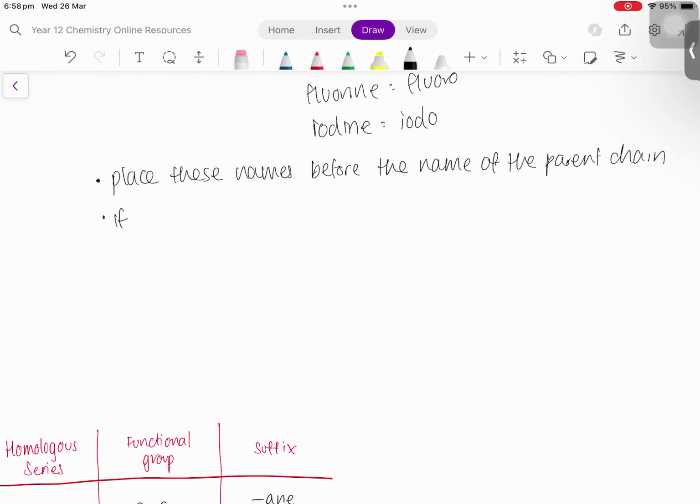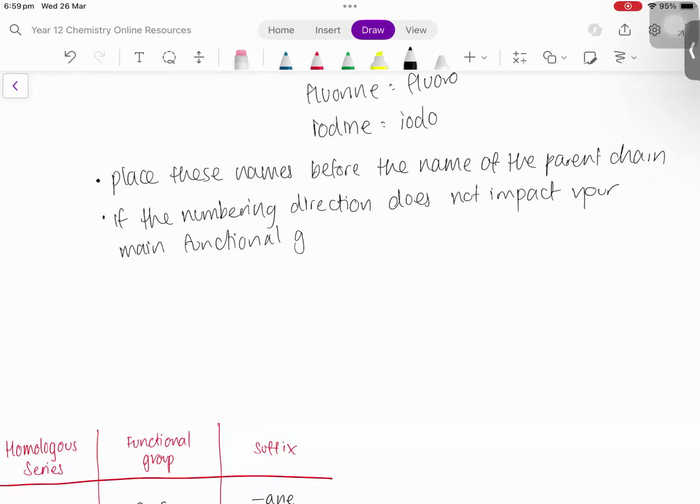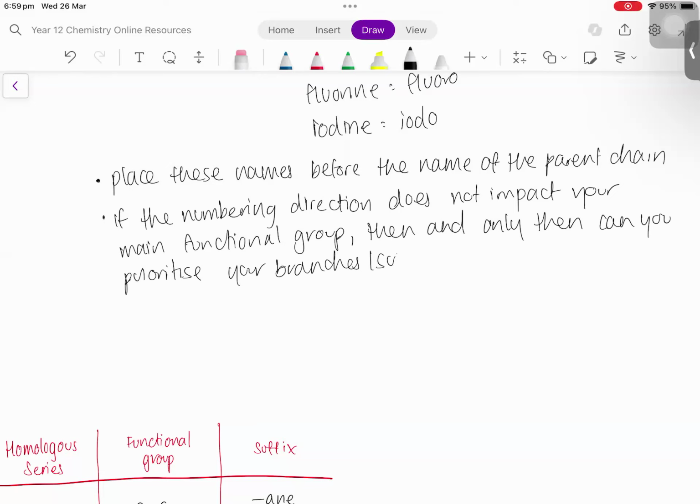If the numbering direction does not impact your functional group, then and only then can you prioritize your branches or substituents.